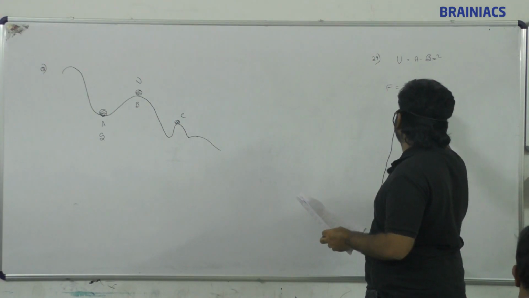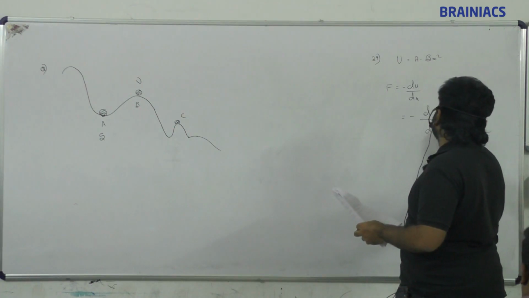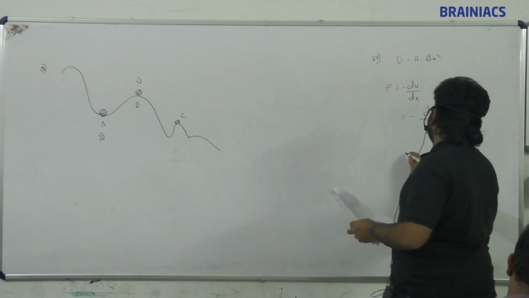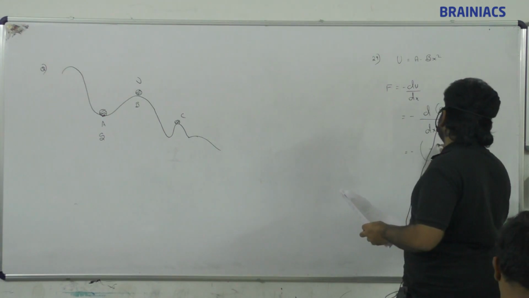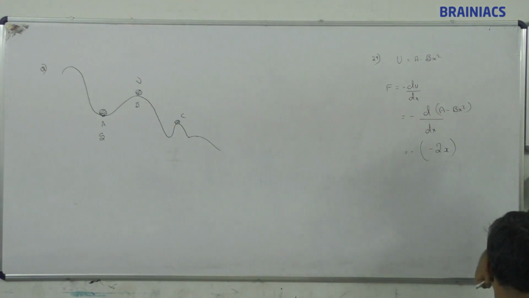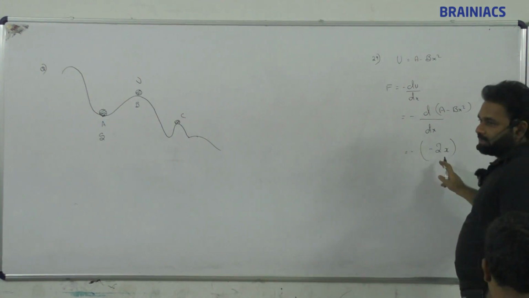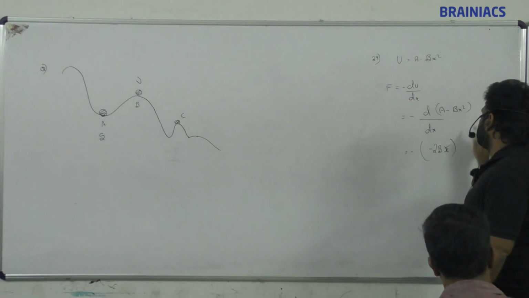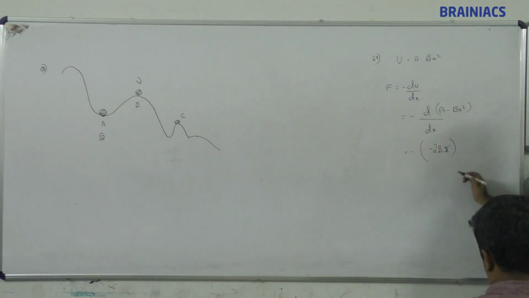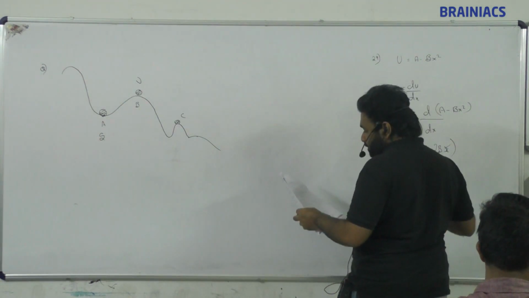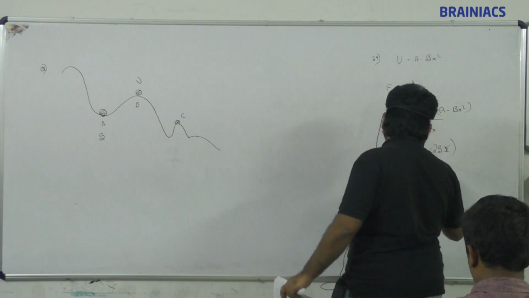So minus d by dx of A minus bx square. So this is going to be minus, minus 2bx, correct? 2bx. So this is proportional to x. Okay, next question. Force is proportional to x. Which option? B. Okay, done.